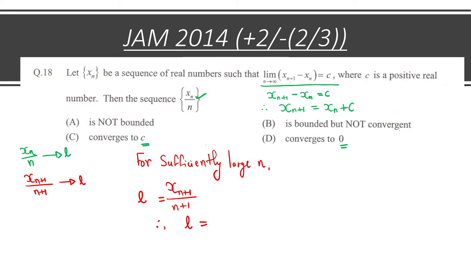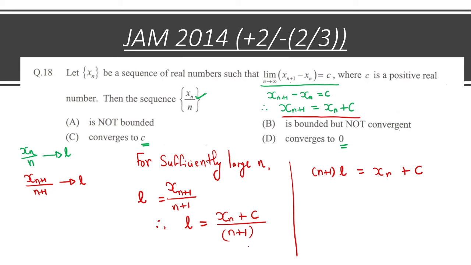Why am I interested in this now? Because I know that xn plus 1 could be written as xn plus c. So xn plus 1 upon n plus 1 could be written as xn plus c divided by n plus 1. What I do is I just take this denominator to the other side, so it becomes n plus 1 times L is the same as xn plus c.